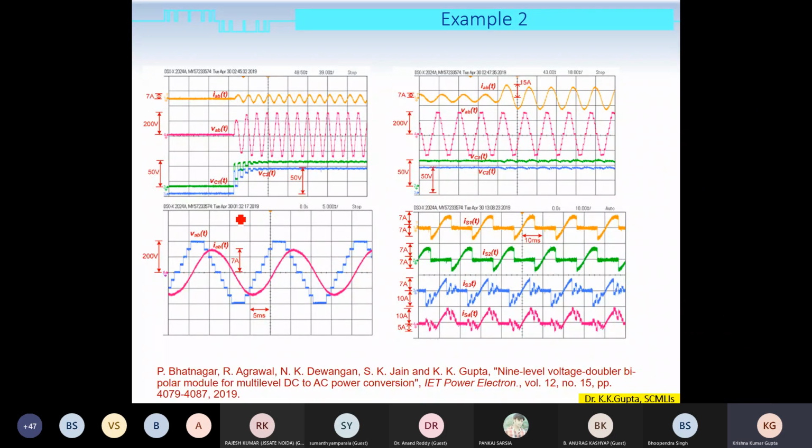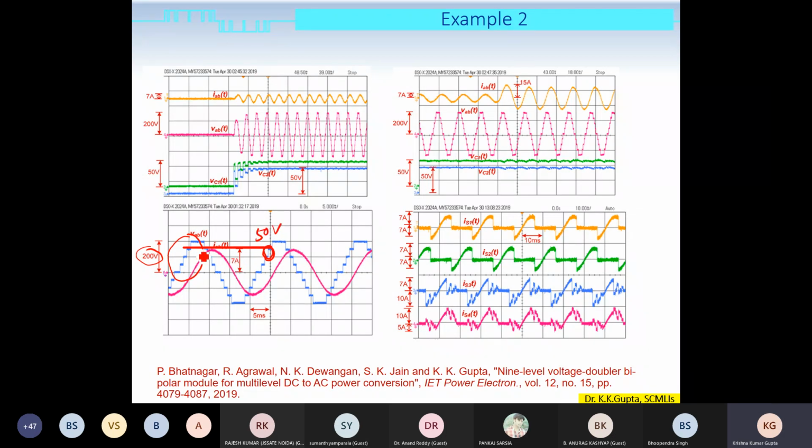If we analyze this type of structure, these are the experimental steady state waveforms here. You see the input voltage was 100 volts, and we are able to achieve a peak voltage of 200 volts. At the same time, the size of the step is equal to 50 volts, right?